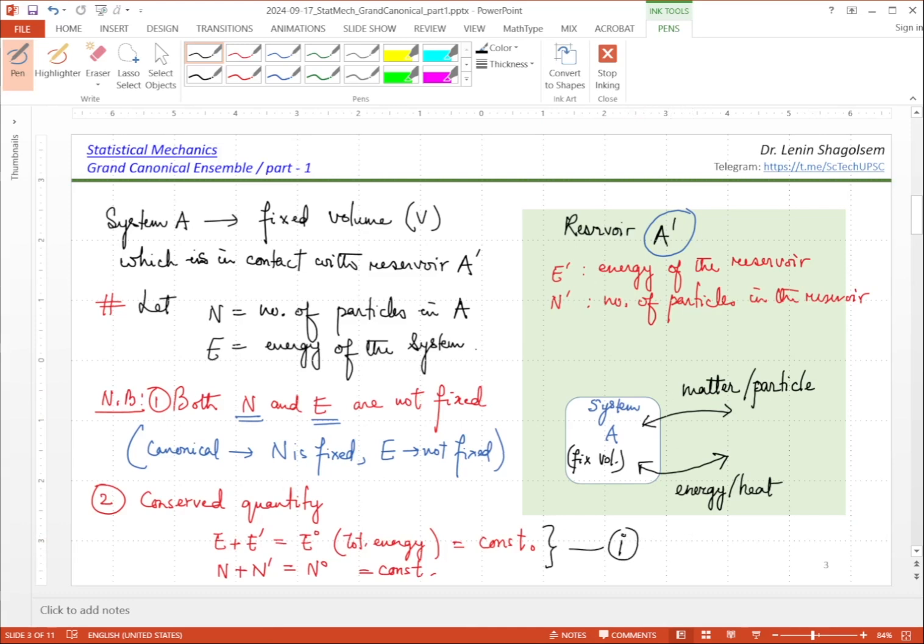So what we have to understand is that the reservoir normally is a very large system.